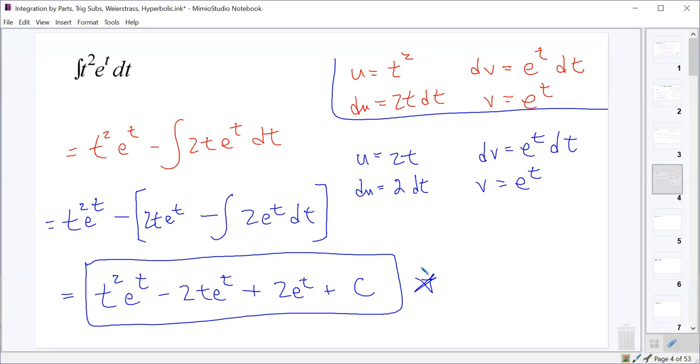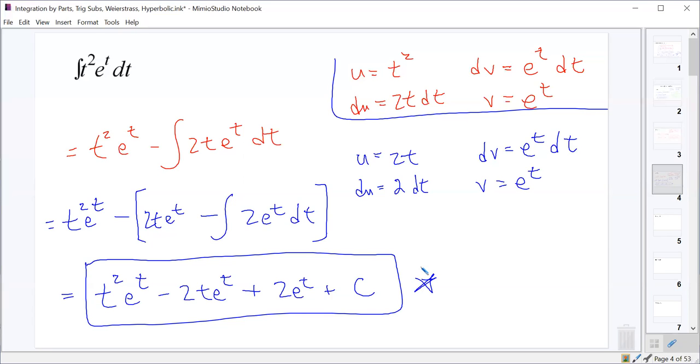What would you do if you ended up with more than two functions inside the integrand? If that's a word. That is a word. Yeah, if you had more than two functions inside of there, you'd have to try and break it up so that either your u or your dv was two of the functions together, and then the other one was the third function.